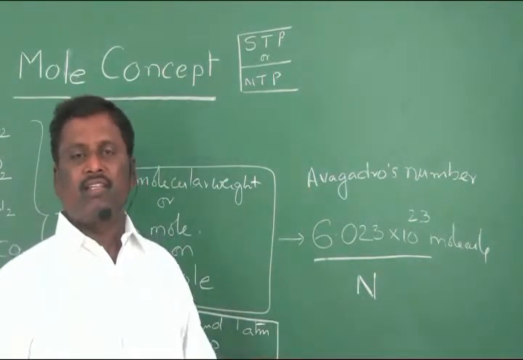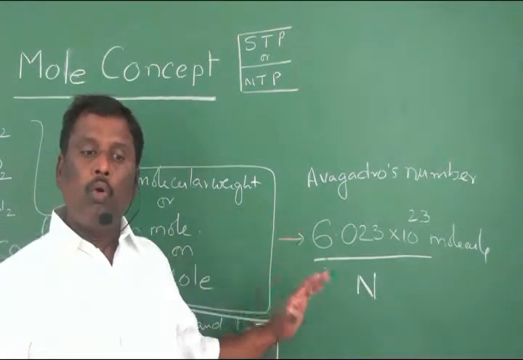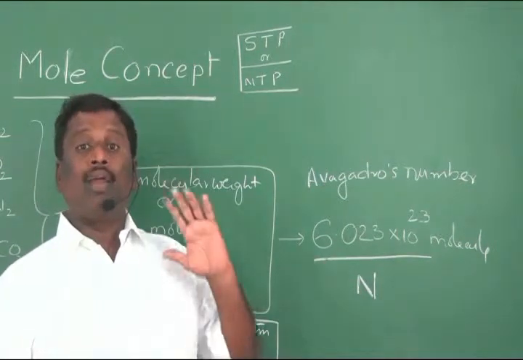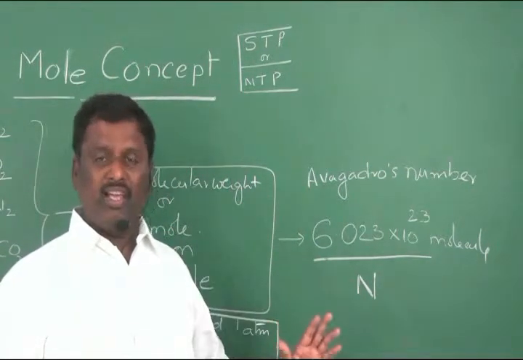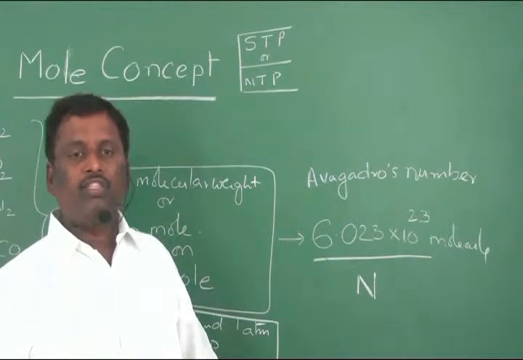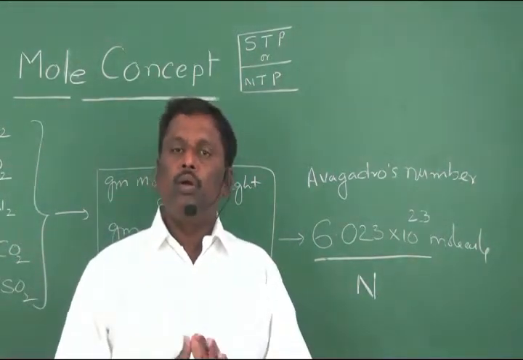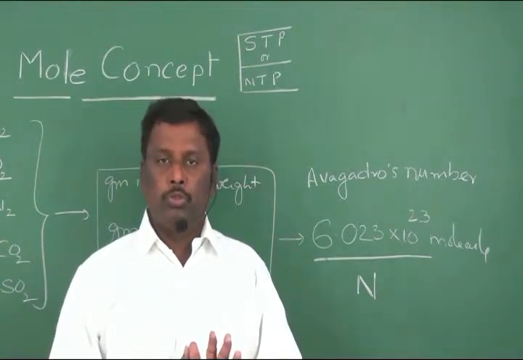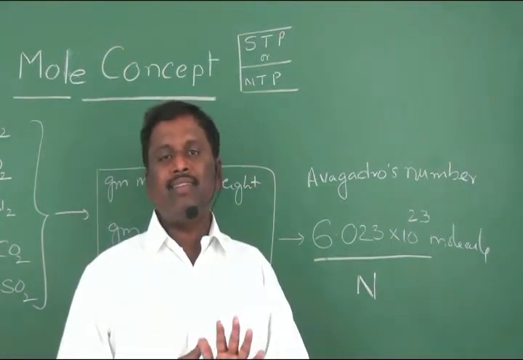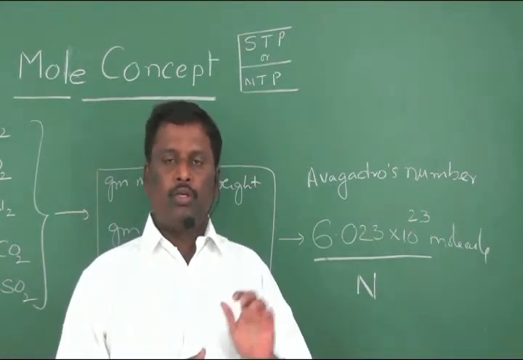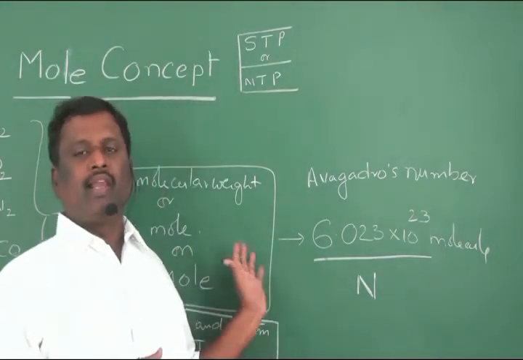At those conditions, 1 mole of any gas or 1 gram molecular weight of any gas will occupy this volume. That's why that volume is said to be gram molar volume. So let us solve some problems basing on these relations.